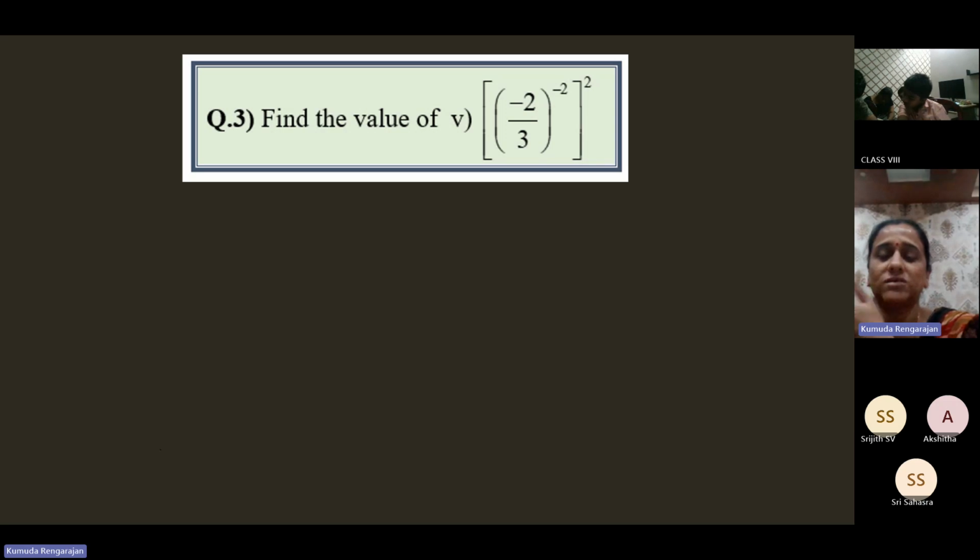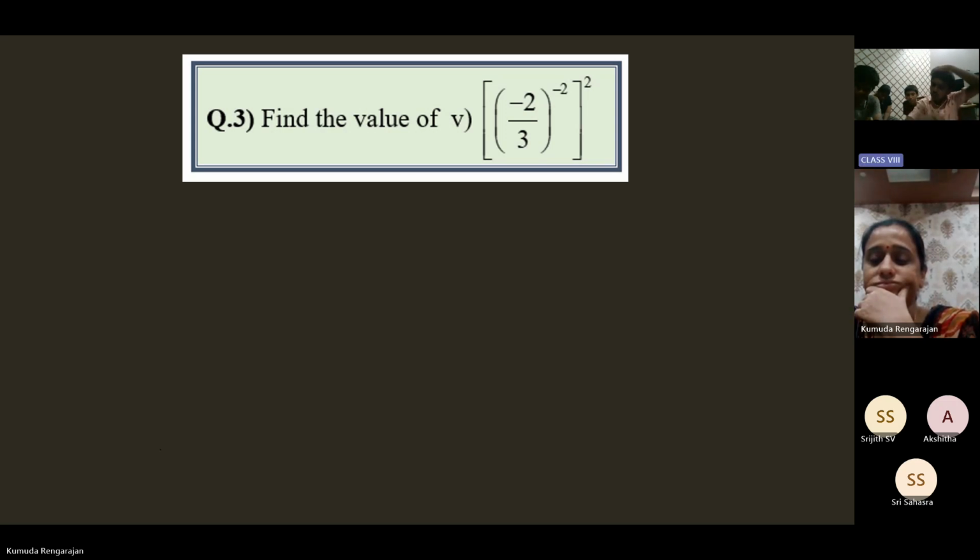Ma'am, 16/81. 16 by 81 since 4 minus. Ma'am, it is 16 by 81 only. Ma'am, is it a simplified version or something? No.